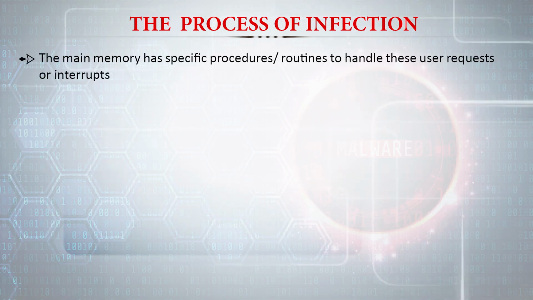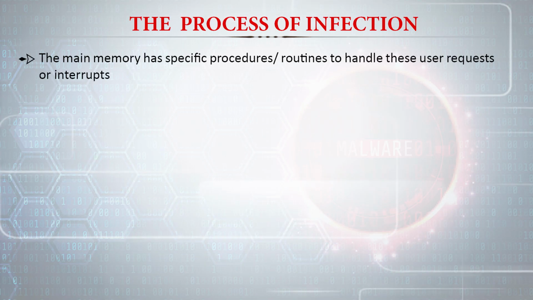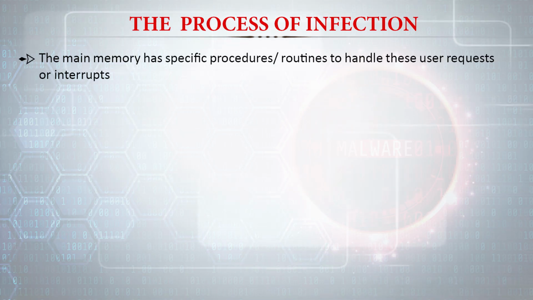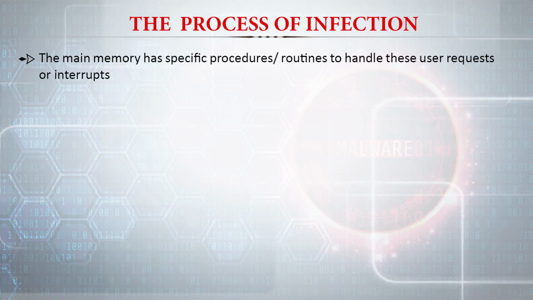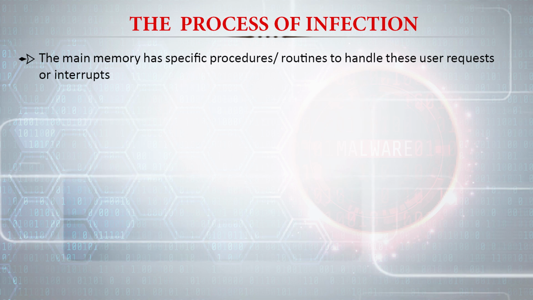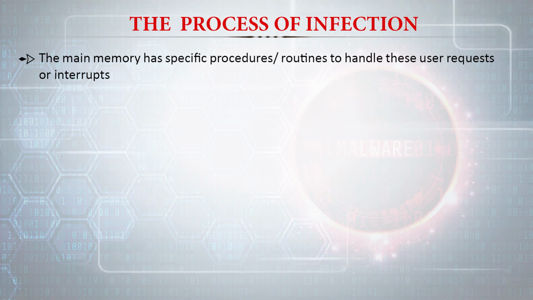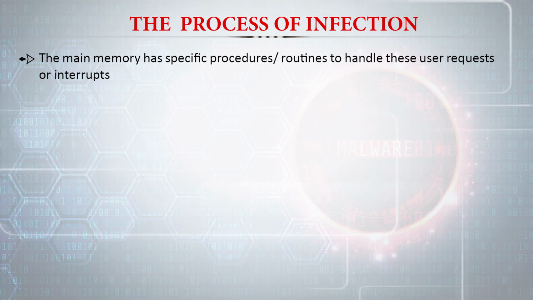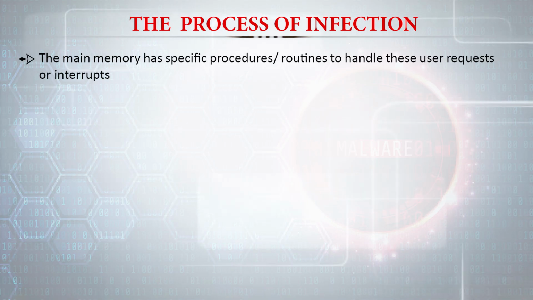The main memory has specific procedures or routines to handle these user requests or interrupts. The interrupt is basically a user request, and depending on what kind of request you have made, there are separate programs, procedures or routines stored in the computer's memory to handle these requests.